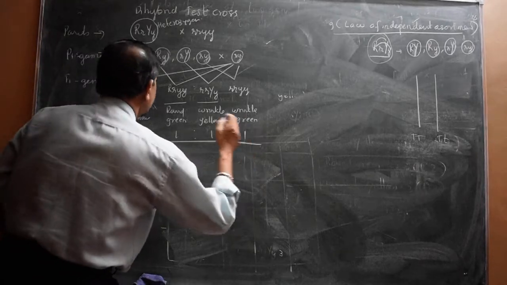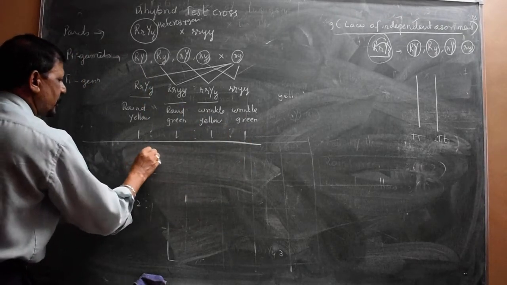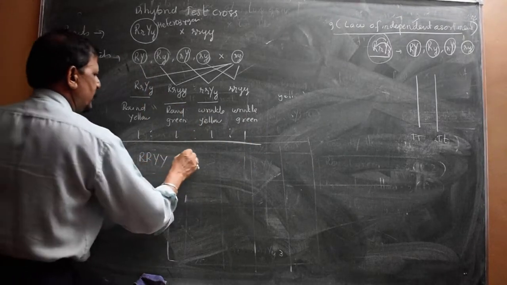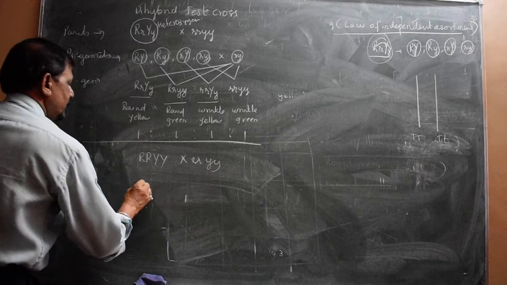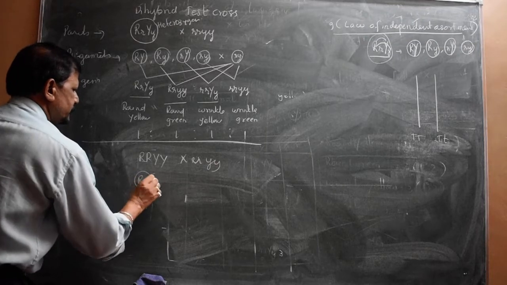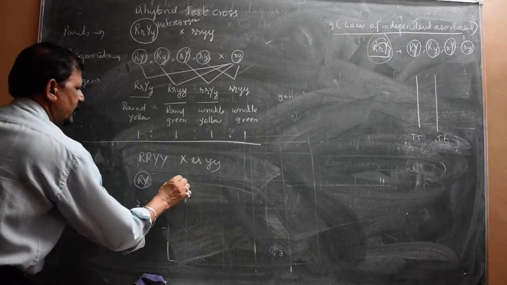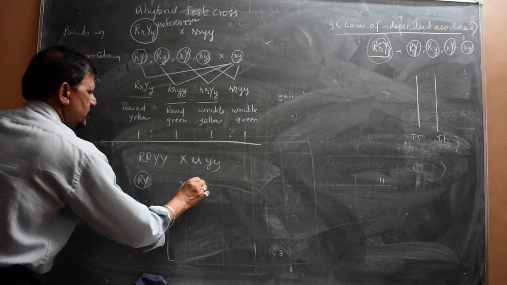If I take the homozygous, capital R, capital Y, crossed with small r, small y, what happens? At that time here capital R, capital Y, and then small y.